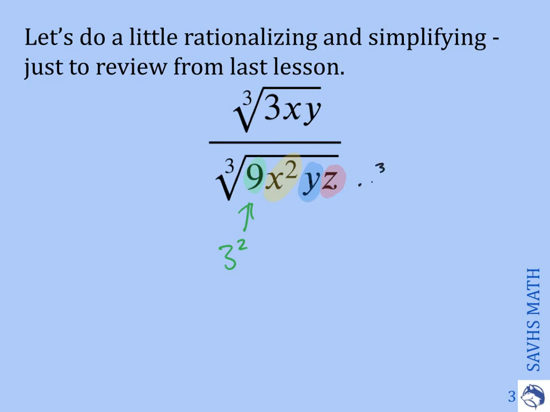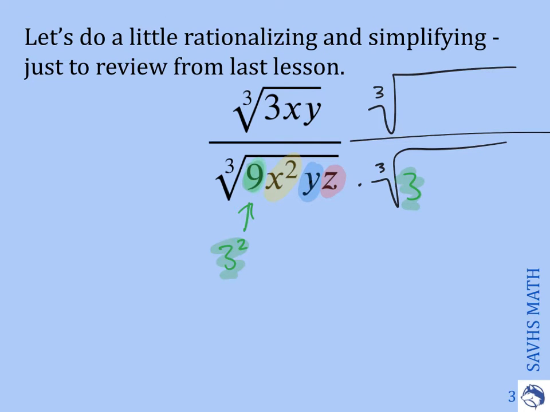I do need a cube root of a 3, because now this and this will give me a perfect cube. Okay, so I need a 3. I have to put that on the top also, so whatever I put on the bottom, I have to put on the top.